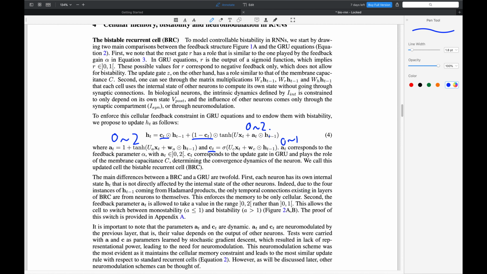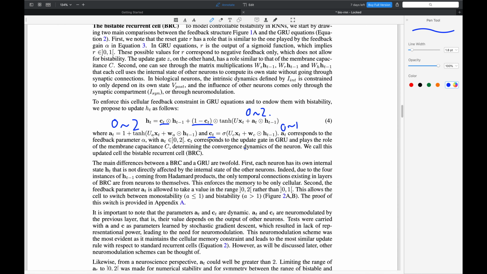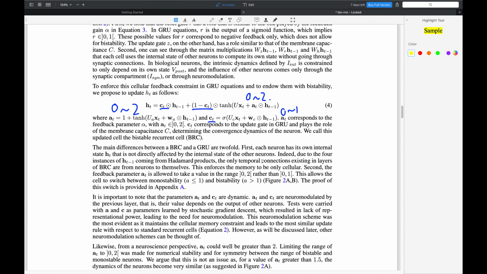And because alpha t is multiplied in the process of calculating this new hidden state, this enforces bistability. So when you read this line, the feedback parameter alpha t is allowed to take a value between 0 and 2. This allows the cells to switch between monostability when alpha is smaller than 1, and bistability when alpha is bigger than 1.